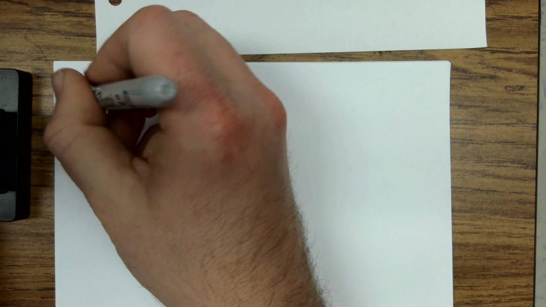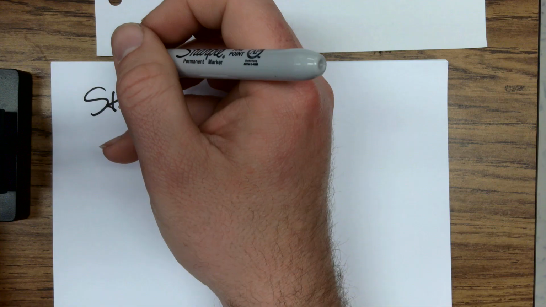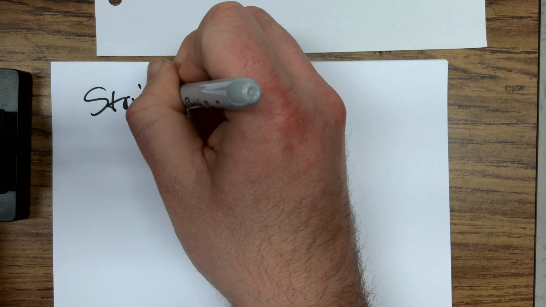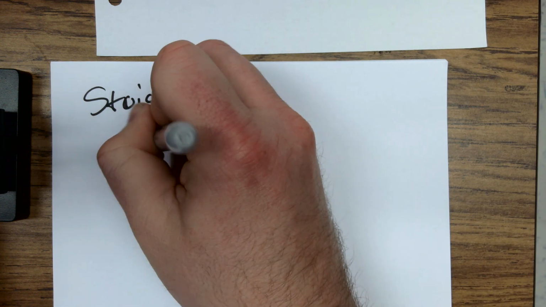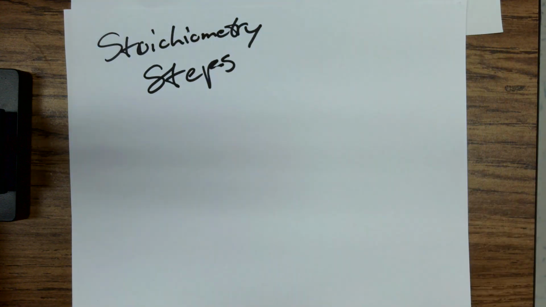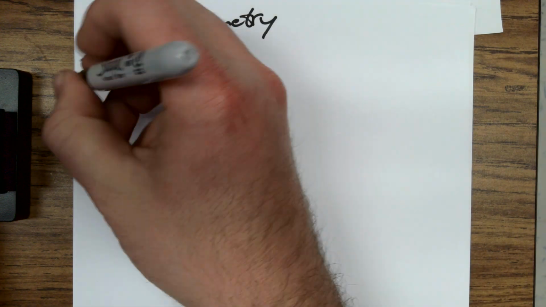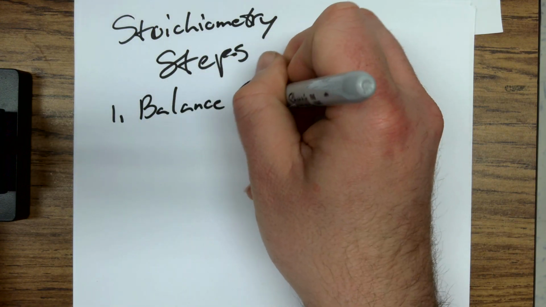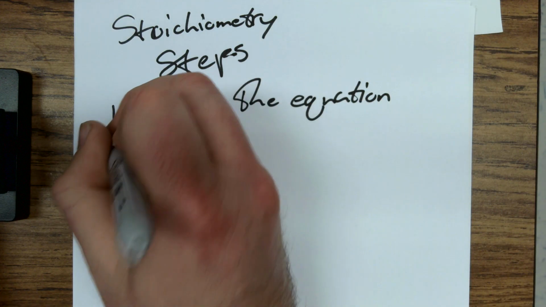My stoichiometry rules. I always spell stoichiometry wrong. Five steps. We put them in our head. It's going to be so much easier. First step, balance the equation.